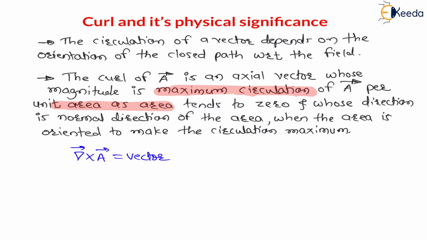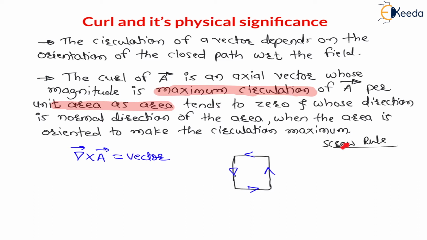Now what they are trying to tell here, let us say this is a surface, let us say this is the area, and I want to calculate circulation along this path, anti-clockwise path. Now what we have to do here, the screw rule is used here to find the direction of circulation. The screw rule or right hand thumb rule is used.